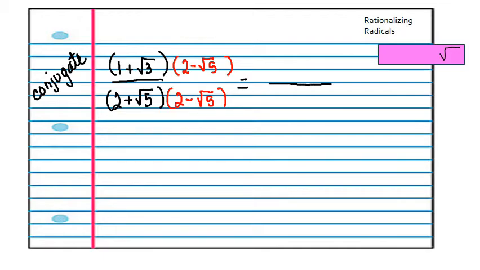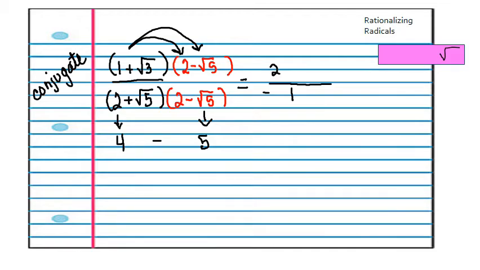The bottom part's easy because it's the difference of two squares. This is actually going to be the square of the first number, so we get a 4, minus the square of the radical, which we know is always just what's inside there, so we have a minus 1 here. Now we're just going to do the little FOIL thing.